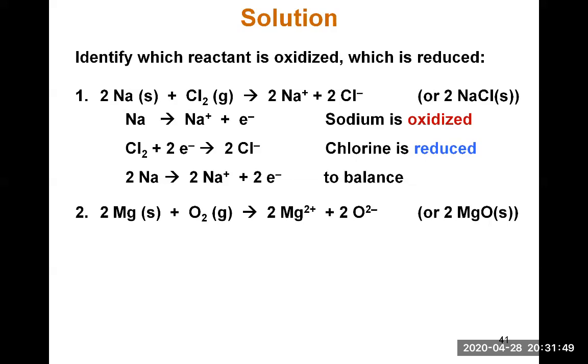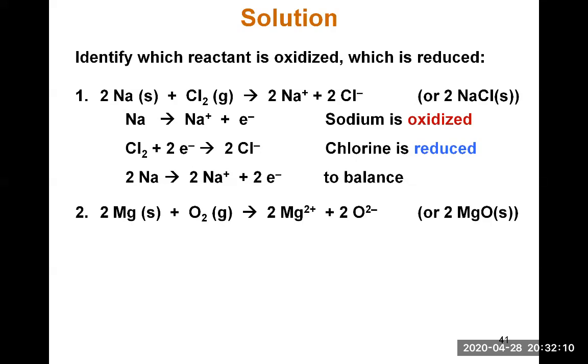So 2 magnesium ions and 2 oxide ions. Again here, you could also write on the right side that it's 2 MgO, because Mg2+ will combine with O2- to make the compound MgO.